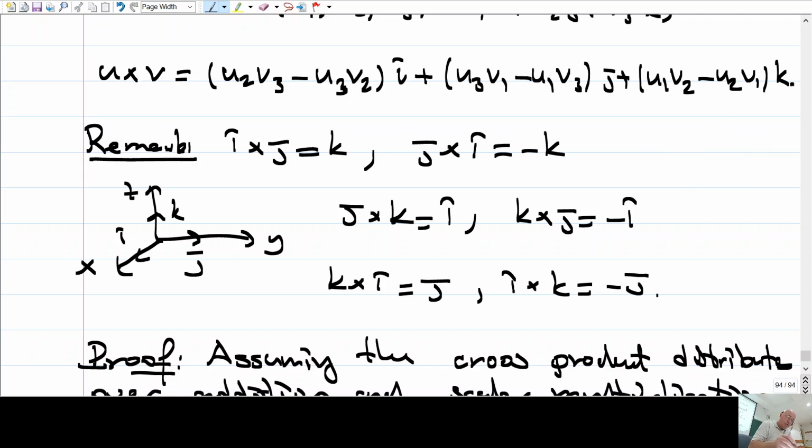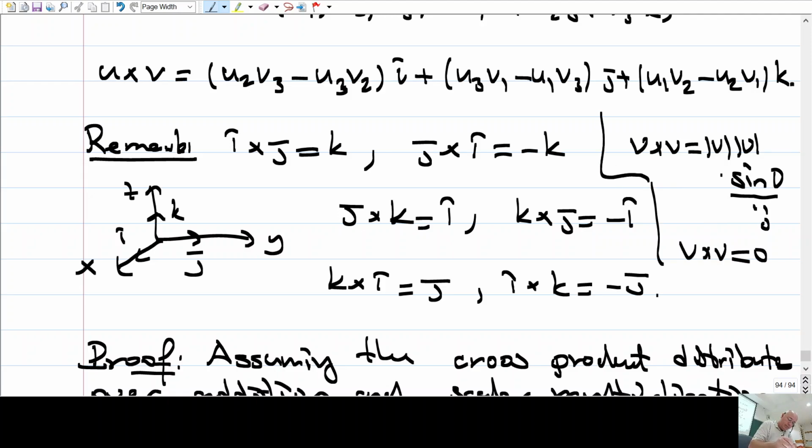Actually, this is true for any vector. V cross V is the length of V times sine 0, but sine 0 is just 0. Therefore, this thing is just 0. So V cross V is always 0. Okay.